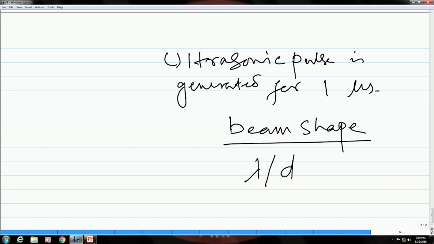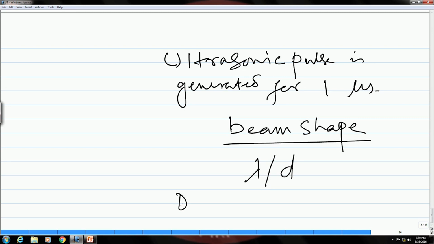As you keep increasing the diameter with respect to the wavelength, the beam becomes more and more directional, and as we discussed, that is because of what are known as diffraction effects due to constructive interference of the sound waves coming out from different points of the same transducer.